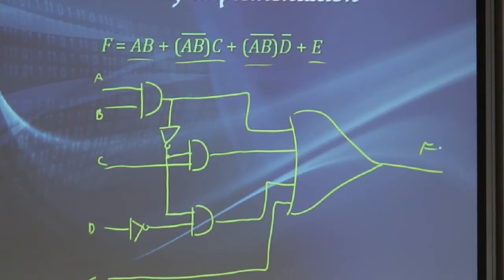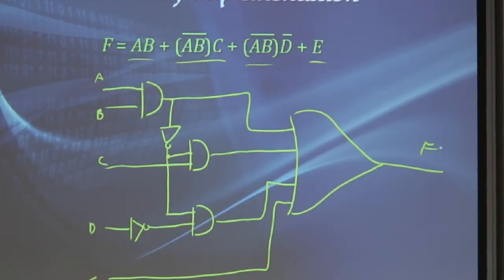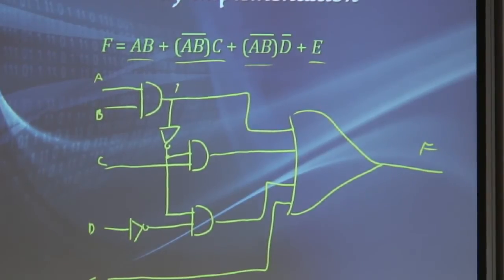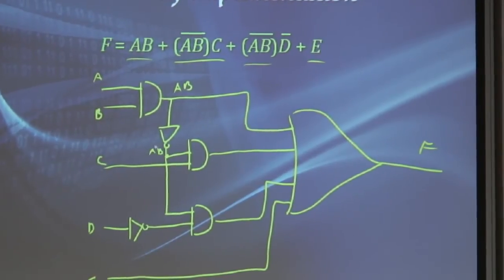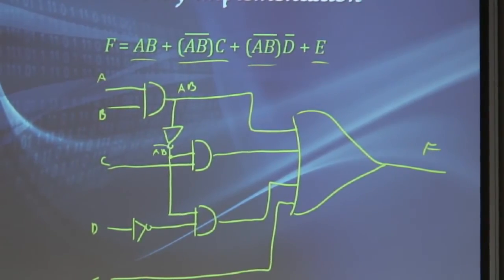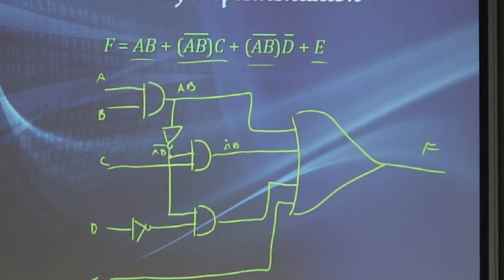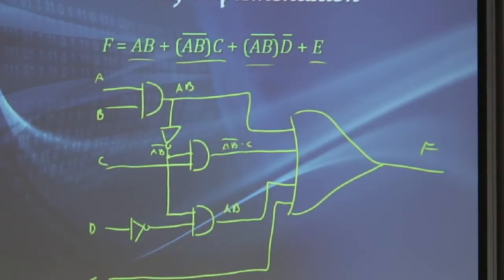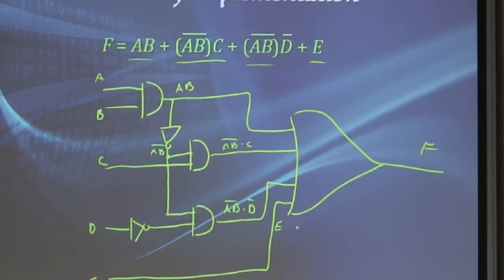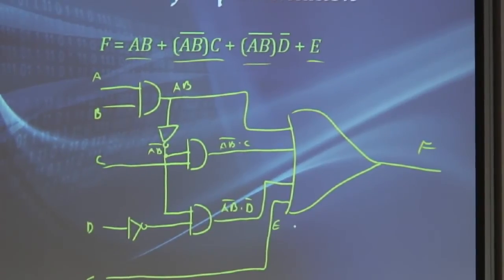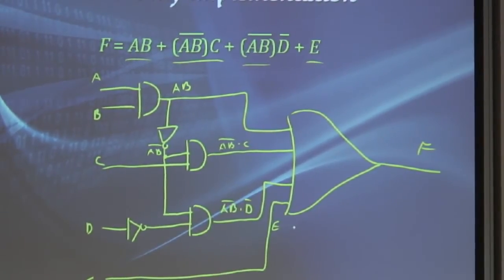And this will be my function f. I'll just write the different signals just so you can actually see them. This will be maybe not D. This will be E here. And then the function f will just be the OR of the whole thing.